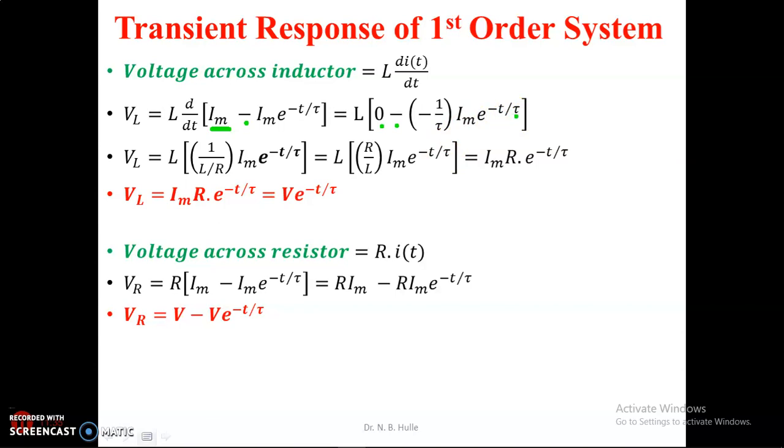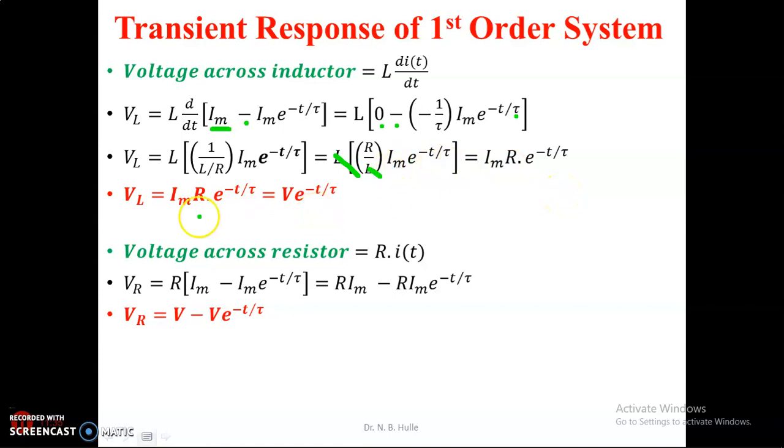And if we substitute the value of tau as L upon R, we get 1 upon (L upon R) into Im into e raised to the power of minus t by tau. Readjusting this term, this L will cancel with the other L, and this is R into Im, that is Im into R, and this term is e raised to the power of minus t by tau.